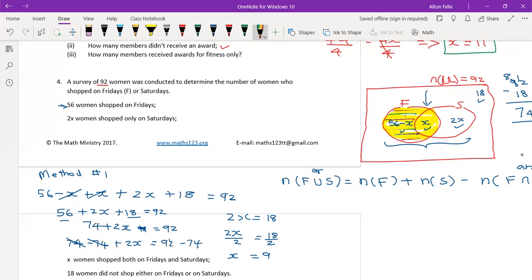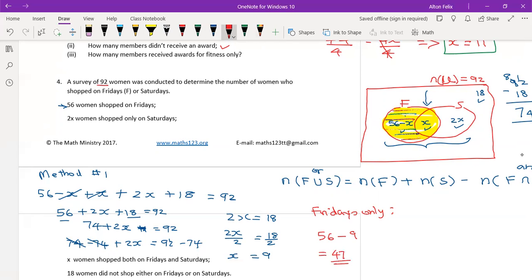Right, so we simply substitute or replace the x by 9 and simplify that expression. So the number of women shopping on Fridays only will be 56 minus 9, and that will give us what, 47.